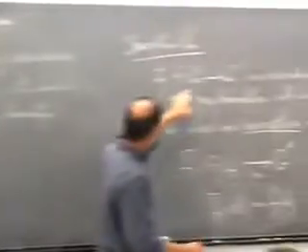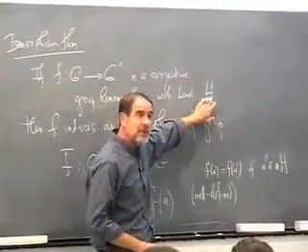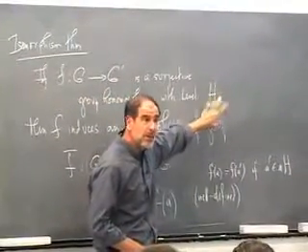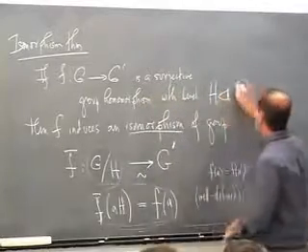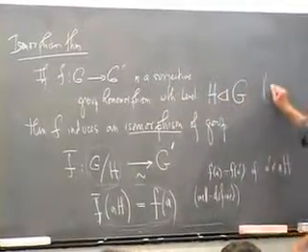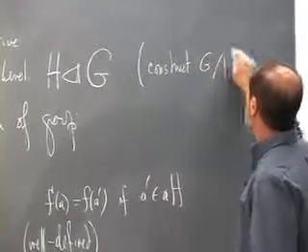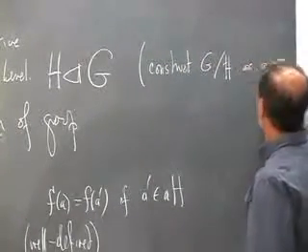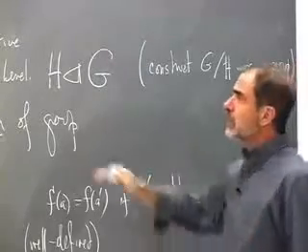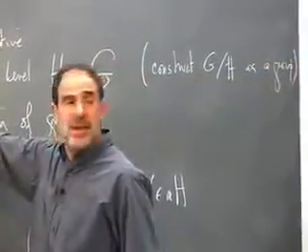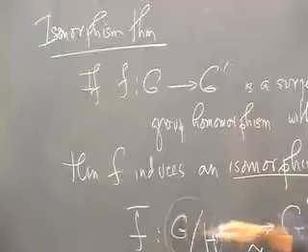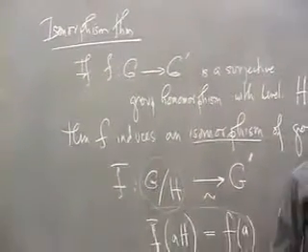But the beautiful thing is that the kernel of any homomorphism is a normal subgroup. So from the fact that H is normal in G, I construct G mod H as a group. And then the theorem says that this map, which is not an isomorphism, induces an isomorphism on the quotient group.